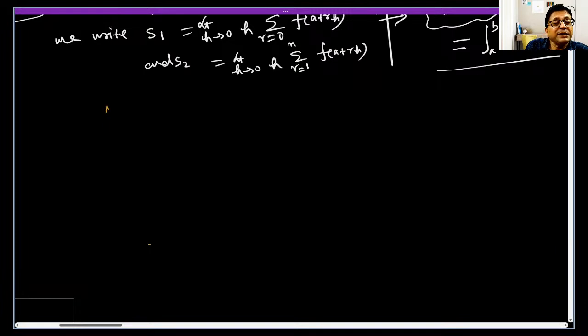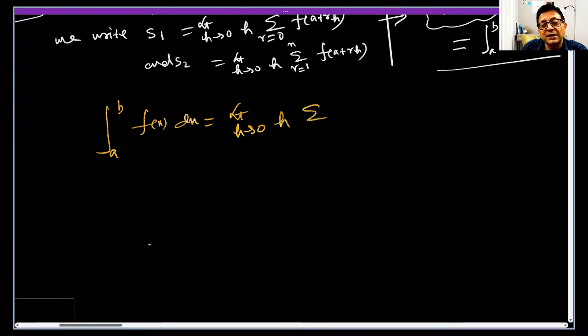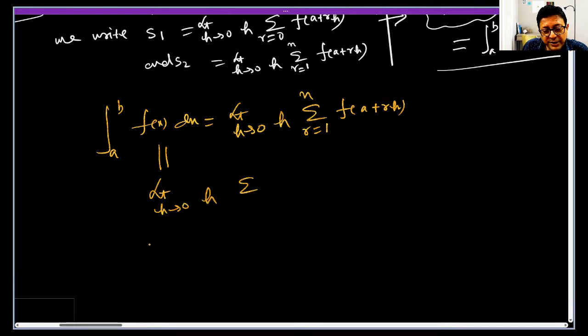So we will remember this, that integral a to b f(x) dx is nothing but what? Whatever you like. If you say no, I will write sigma r equal to 1 to n f of a plus rh. Someone says no, I will write limit h, r equal to 0 to n minus 1 f of a plus rh.